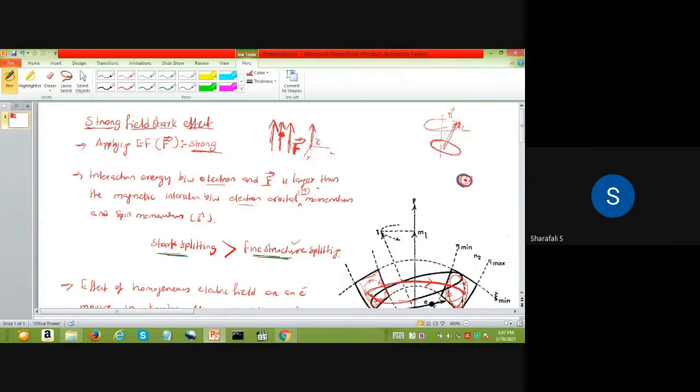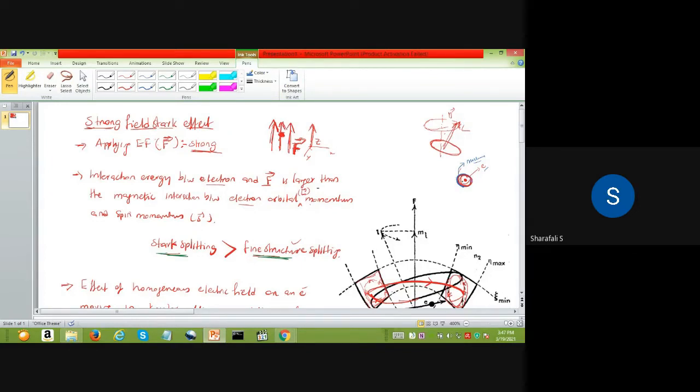Let's say the red color is the electron and the blue color is the nucleus. These two have the same center of gravity, or the center of gravity of the electron revolving around the nucleus is at the center of the nucleus. So they coincide with each other.